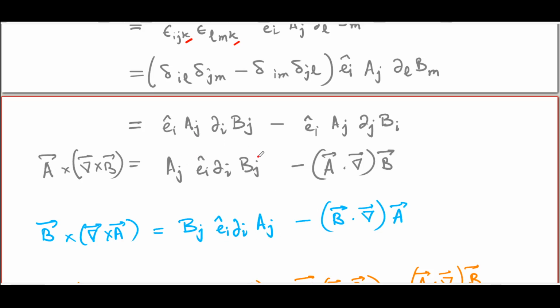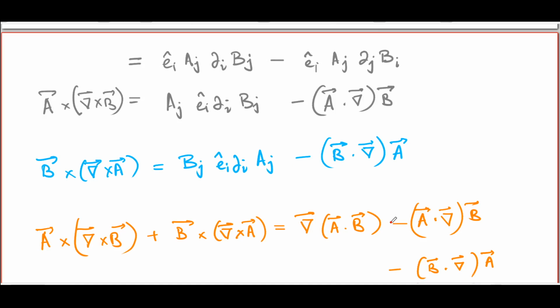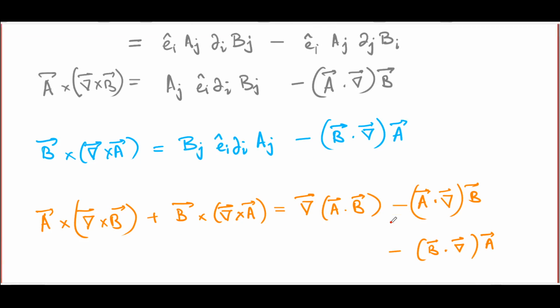Of course, all I do is interchange A and B in this expression and also A and B here, so I get minus B dot grad A. So adding these two things together, A cross curl of B plus B cross curl of A turns out to be these two things added together, which is of course gradient of A dot B minus this and minus this.